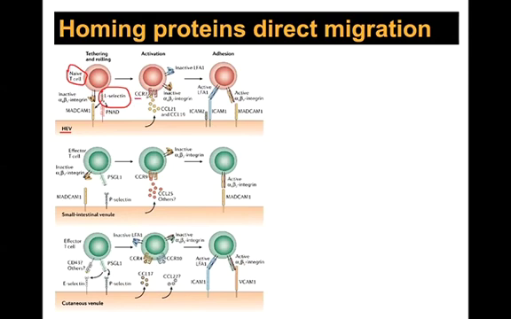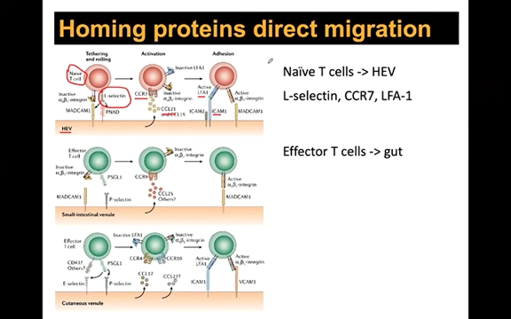It's got CCR7, which is going to recognize CCL21 on the high endothelial venules, and that's going to activate LFA1 to bind to ICAM1. So you've got a rolling and sticking, you've got a chemokine receptor activation, and then tight adhesion. And it's just going to follow that chemokine gradient into the lymph node.